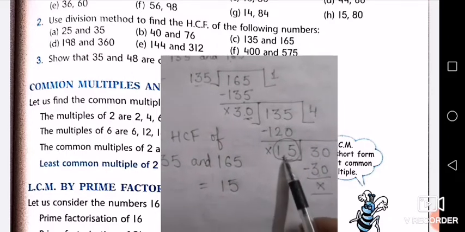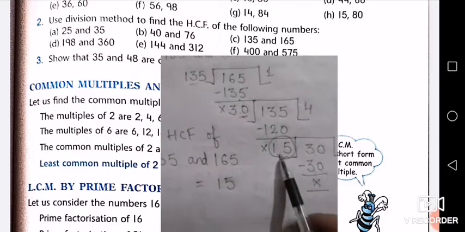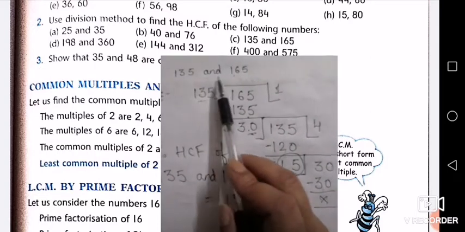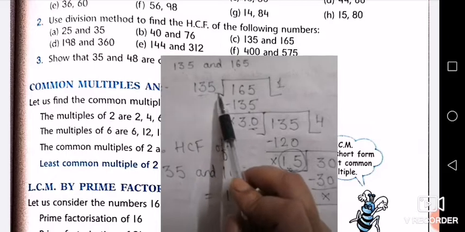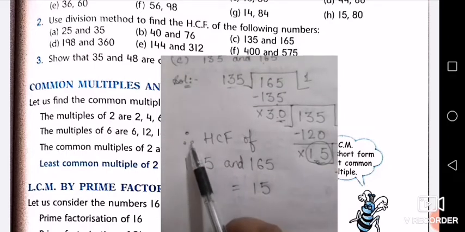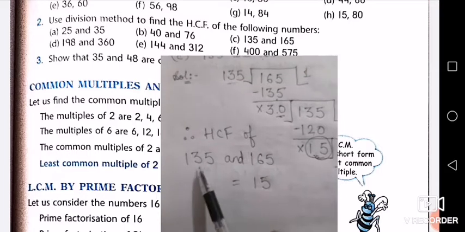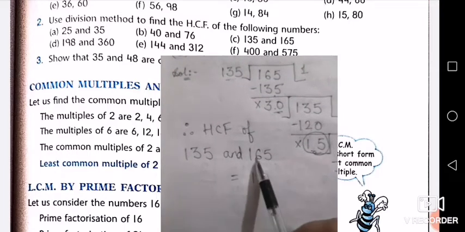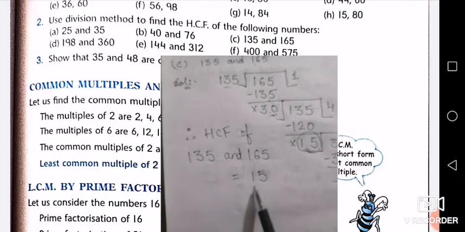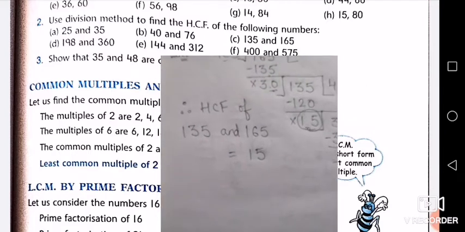It means we have got 15 as the HCF of the given two numbers, that is 135 and 165. We'll write it. Therefore, HCF of 135 and 165 is equal to 15. I hope all these steps are clear to you all.